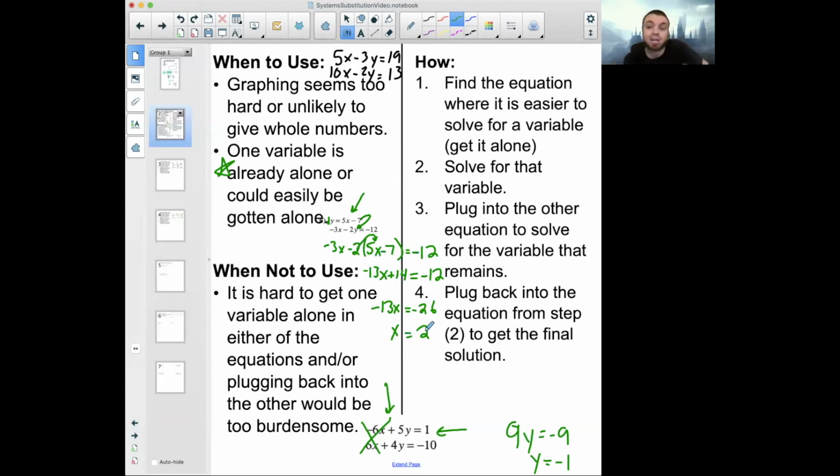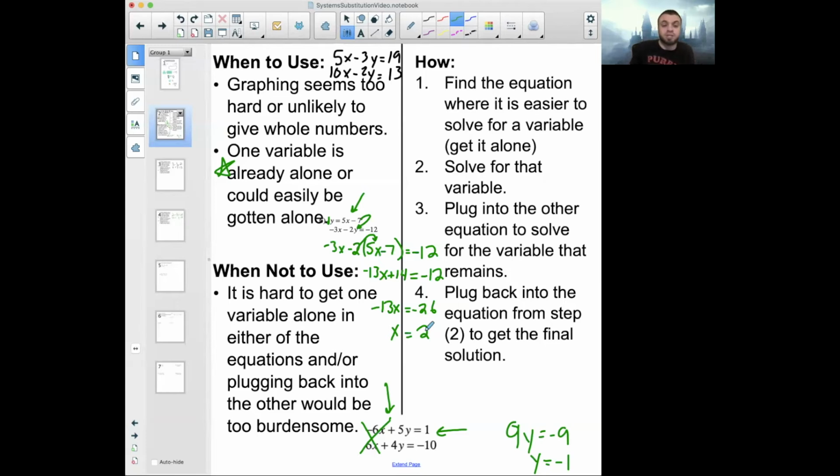It doesn't actually matter which one you plug it into, because x has to be 2 for both of them. At that intersection point, x is going to be 2 in either case. But think about it: if you could choose the easier one or the hard one, and you're going to get the same answer either way, I leave it to you as long as you do it in a valid way.